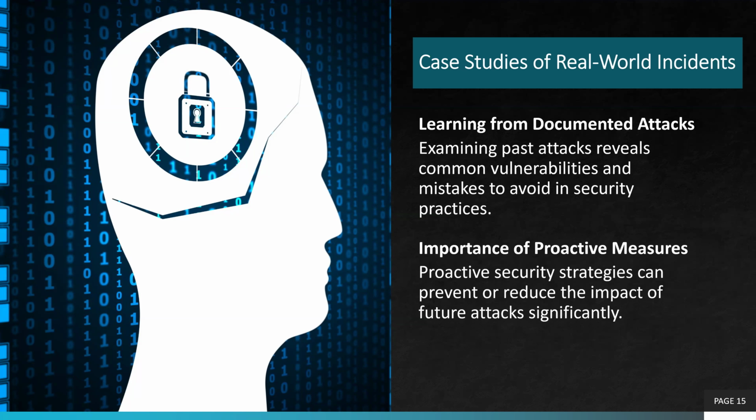The importance of proactive measures. Proactive means that you take measures in advance, asking what if this happened, what if that happened. You go through a lot of what-if logical scenarios, and you say that if A happens, then I have a solution for that, and if B happens, then I have a solution for that. You're doing it proactively before it happens.